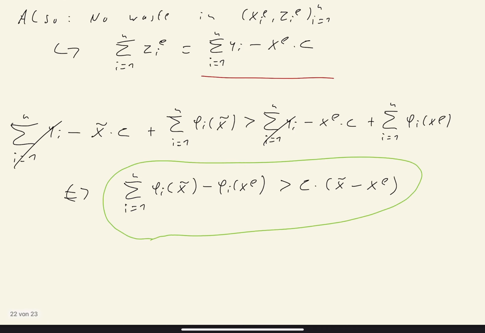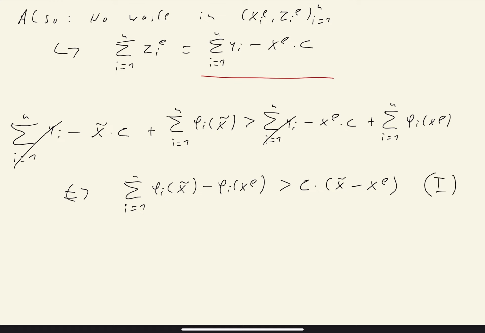What we will do is, let me enumerate some of the equations, which makes it a little bit simpler to follow my steps. So I will call this condition number 1. So this inequality is now condition 1.